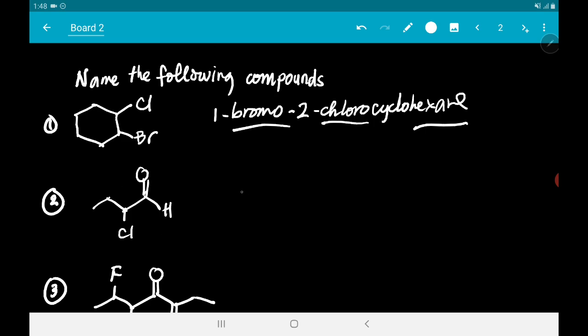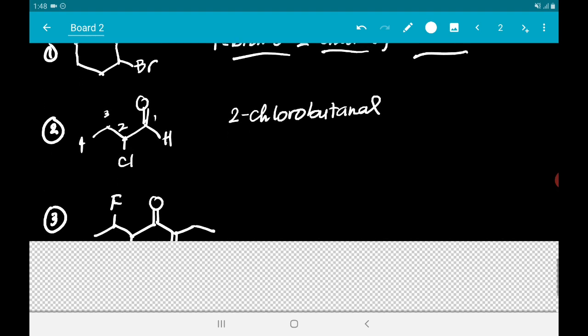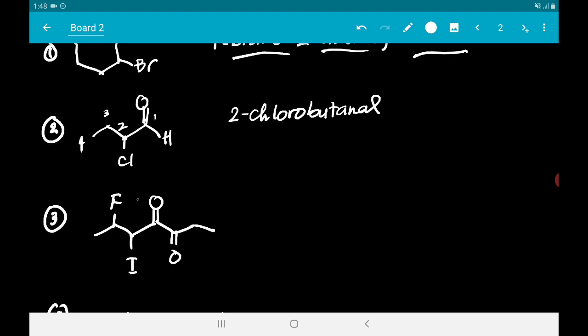So you name this as 2-chloro because it's at position 2, 1, 2, 3, 4. Okay. 2-chlorobutanal. So you don't need to use the modern system because the aldehyde group in aldehydes is always at 1.